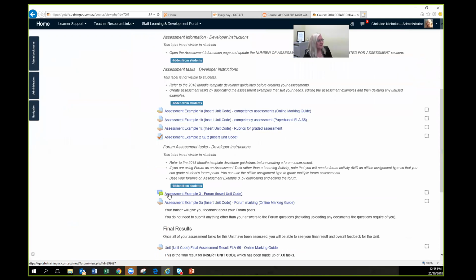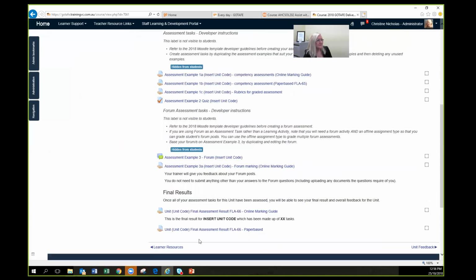We also have a forum for the marking guide, and then the final results, depending on whether it's online marking or paper-based. When I say paper-based, it just means we have to provide a feedback form for our learners when they're being assessed. So you can either upload the feedback form in Moodle, or you can do it as online marking using the advanced grading.